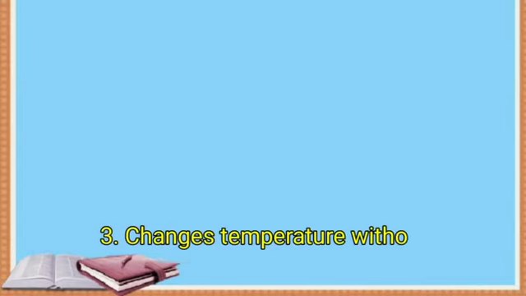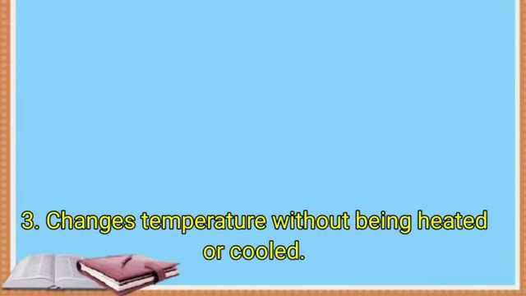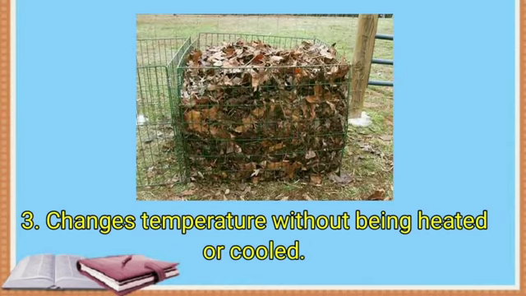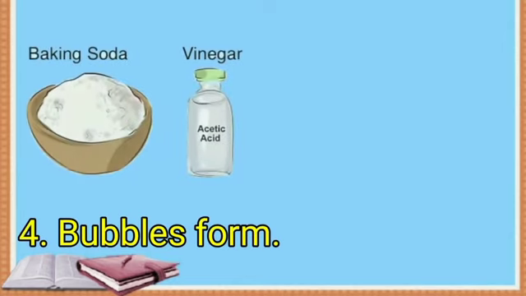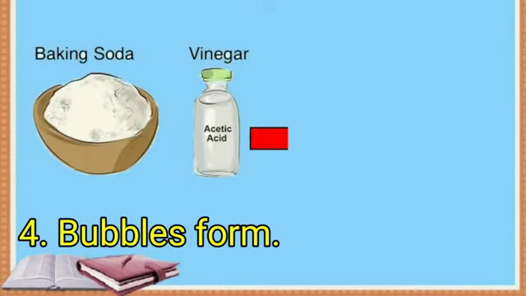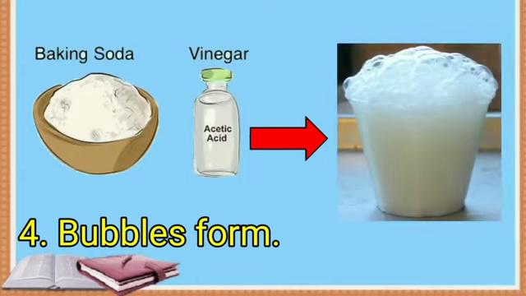Clue number 3. Changes temperature without being heated or cooled. For example, rotting leaves in a compost pile become warm. Clue number 4. Bubbles form. For example, when vinegar is mixed with baking soda.